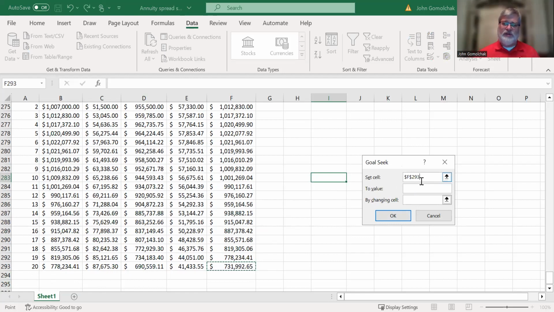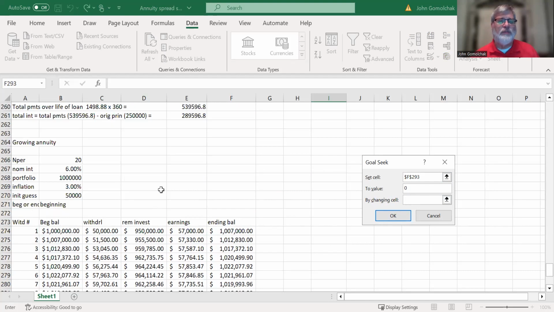And it's putting it in with the dollar signs so it doesn't move. How much do I want that to be set to? Well, I want that to be set to 0. By changing cell, which cell do I want to change? This one here, the initial guess. And I hit OK.